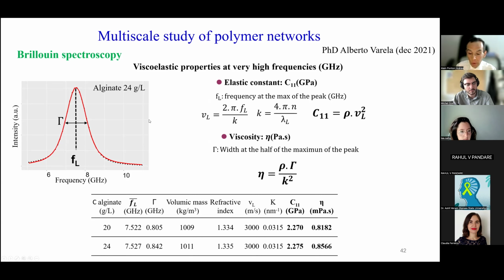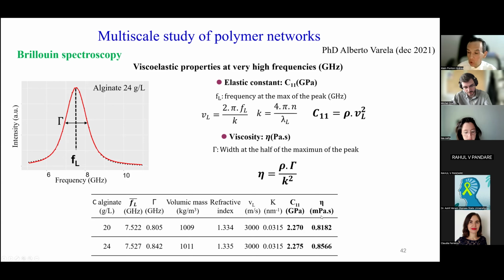And from the full width at half maximum, the dissipation, you can deduce the longitudinal viscosity. Here you have an example for two concentrations of sodium alginate. And here you obtain very low values because the value is in millipascal second.